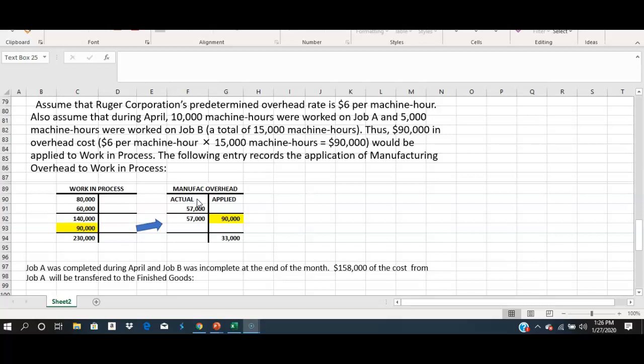And as the actual overhead costs have been recorded, this amount is going to actually reduce. And if by chance we do apply more overhead costs than what actually took place, we then make an adjustment to the account at the end of the accounting period.